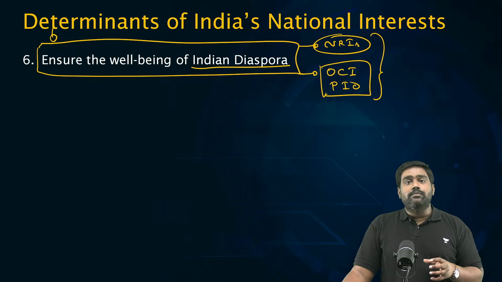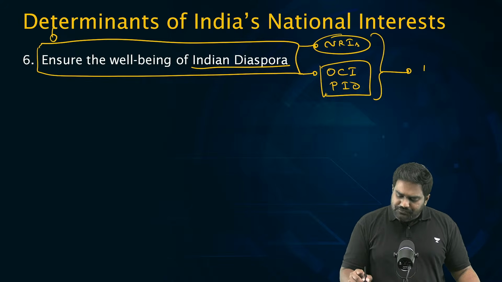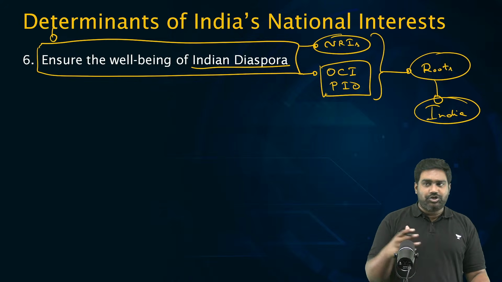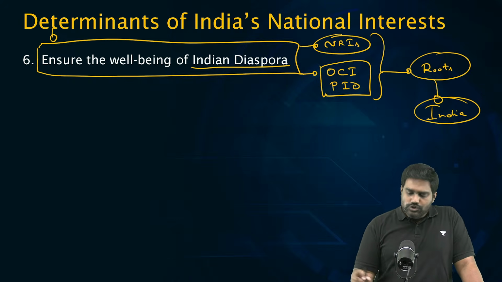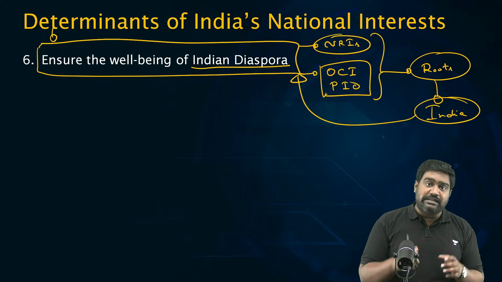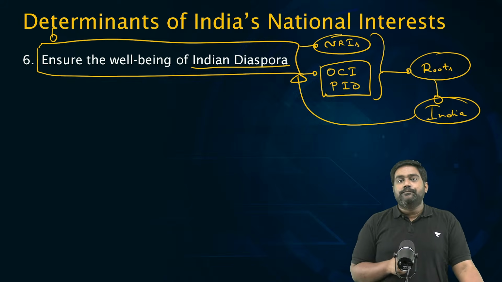So, this Indian community has their roots in India. Their cultural roots, their familial connections are with India. So, ensuring their safety and well-being becomes an obligation of the Indian government, a responsibility of the Indian state.